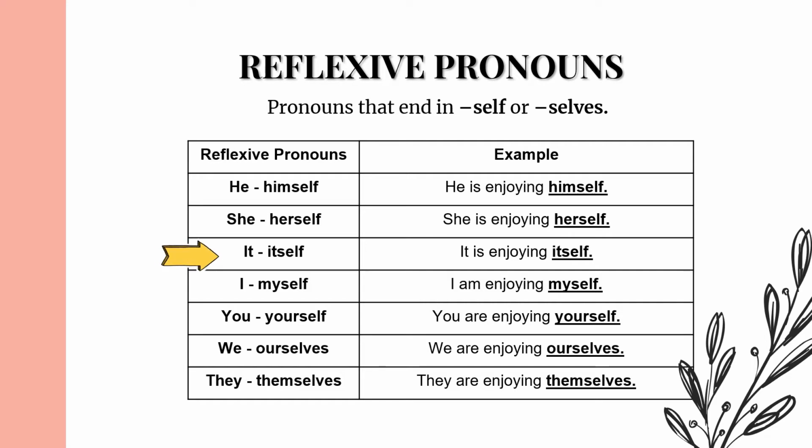The third one, it is enjoying itself. Next, I am enjoying myself. Next, you are enjoying yourself. Next, we are enjoying ourselves. And the last one is they are enjoying themselves.